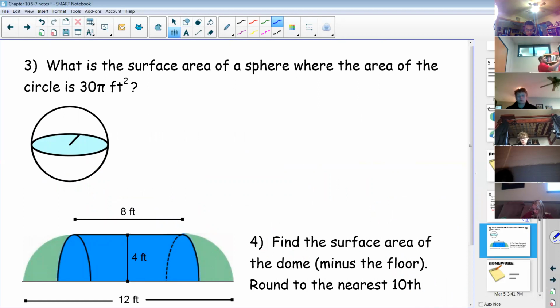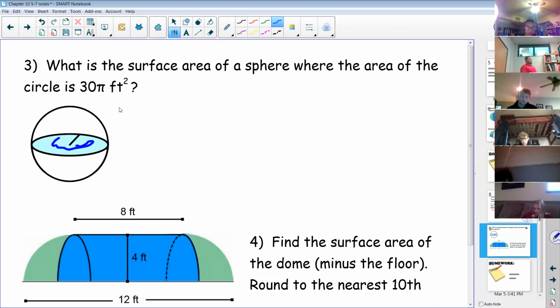We got this shaded region here, right? And it's asking us, what is the surface area of a sphere where the area of the circle is 30 pi feet squared? Right, so they gave us an area of a circle, and we're looking for the surface area of the sphere, so the big thing in total, right? They gave us this. We're looking for this.